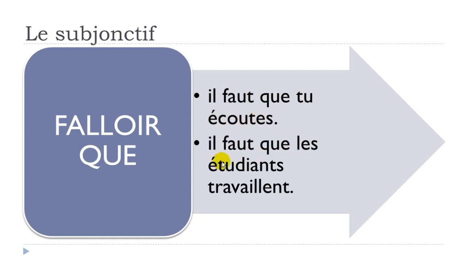Il faut que les étudiants travaillent. Here you've got the verb travailler, to work, and this form is the subjunctive. Okay, so far it doesn't look that difficult, because if you look carefully, it looks like something that we encountered a long time ago when we started to learn French, maybe Unit 1 or Unit 2, but then we'll see that a bit later.